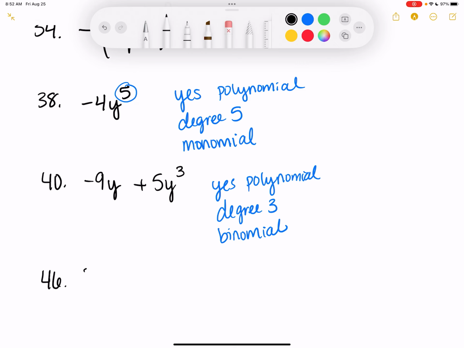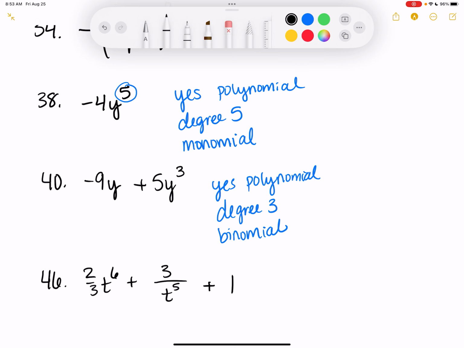46. 2/3 t to the 6th plus 3 over t to the 5th plus 1. What do we think about this one? Yes or no?